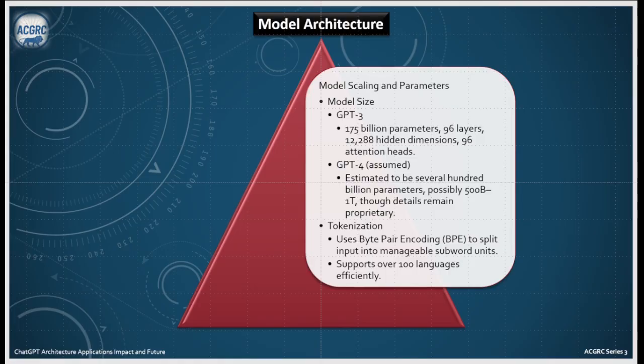GPT-4 is estimated to be several hundred billion parameters, possibly about 500 billion, though details remain proprietary at this point of time. Tokenization uses byte pair encoding to split inputs into manageable subword units. Supports over 100 languages efficiently.